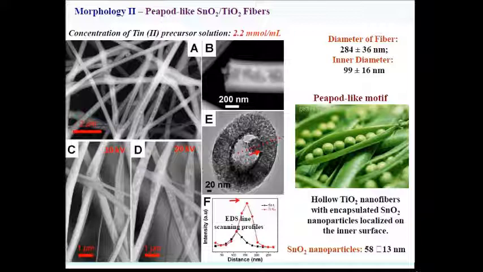The inside is composed of tin. I'm drawing you here the pea-pod-like motif. The tin oxide particles, which measure about 58 nanometers in diameter, are located like pea-pods throughout the entire channel of TiO2. And this is, again, a very interesting motif when we increase the concentration of tin precursor solution to 2.2 millimoles per mil.